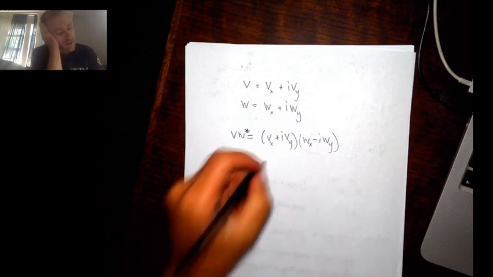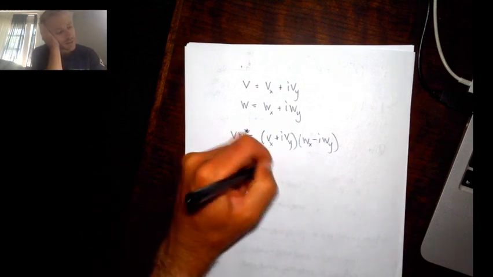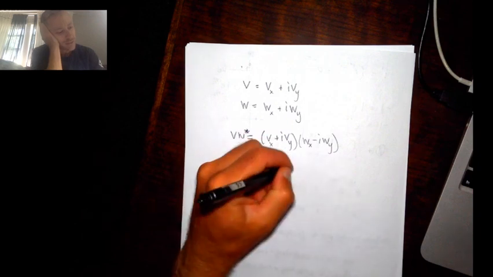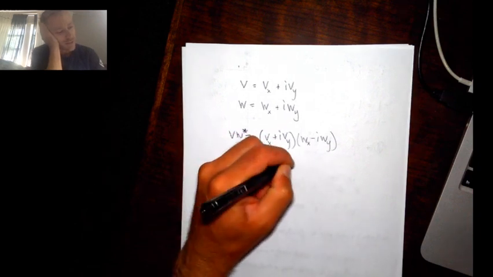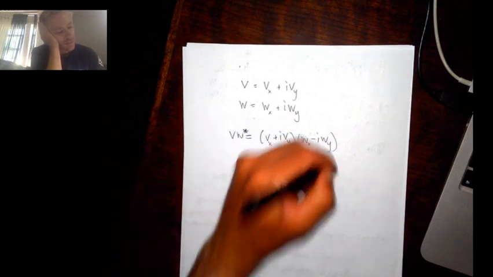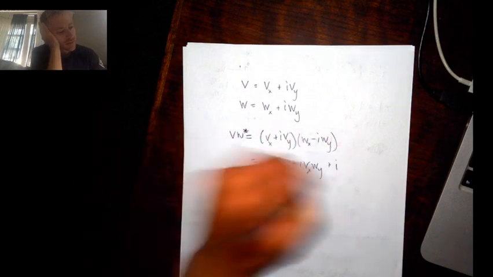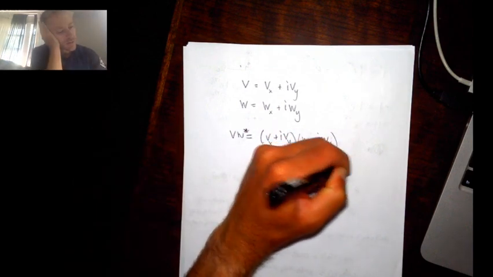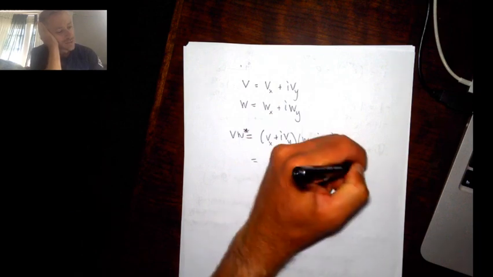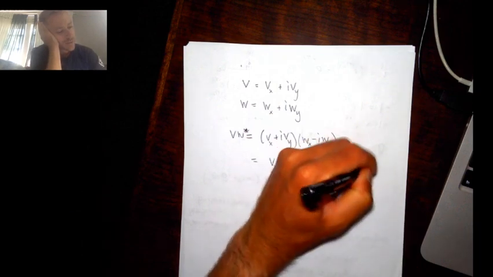Okay? So foiling, I get vx wx. Outside is going to be minus i vx wy. Inside plus i vy wx. Last is going to be plus vy wy.